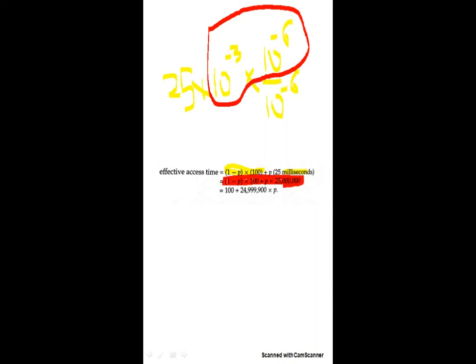How? 1 minus P into 100 means 100. I would like to write. You see here 1 into 100 is 100.